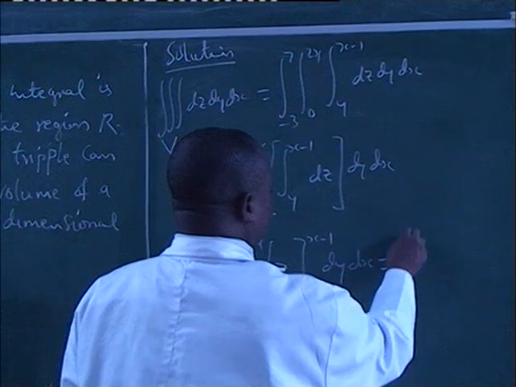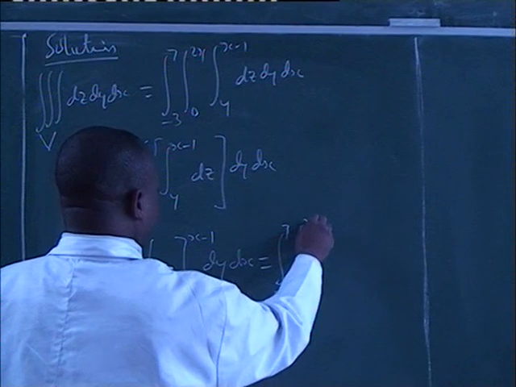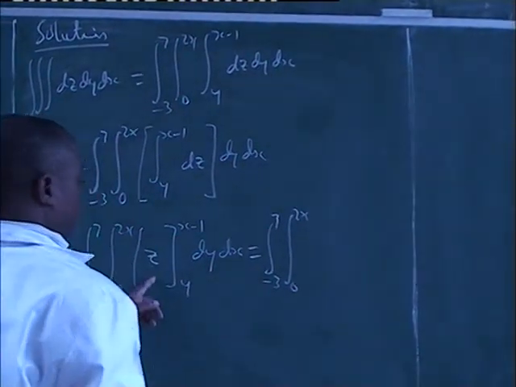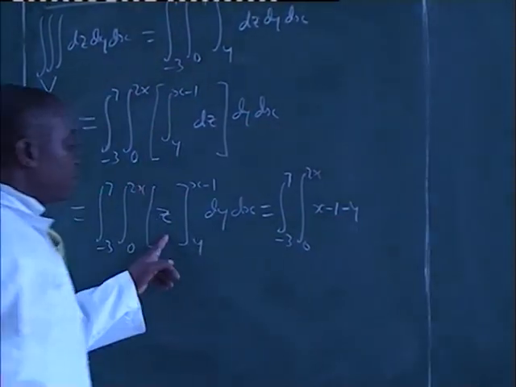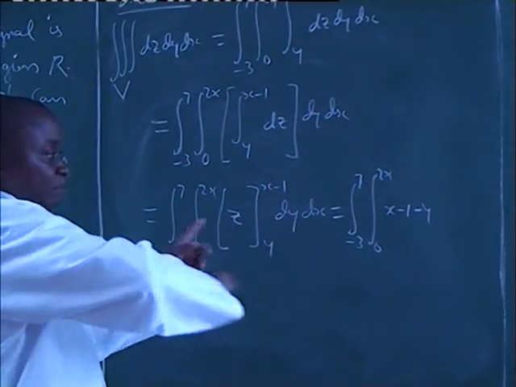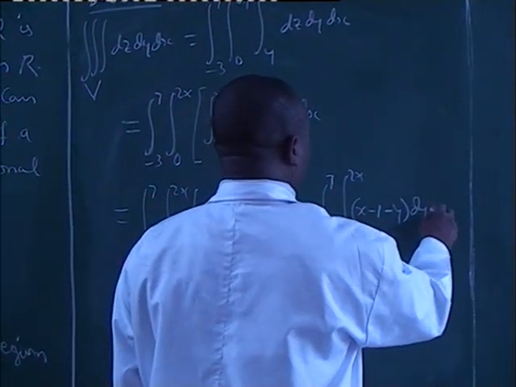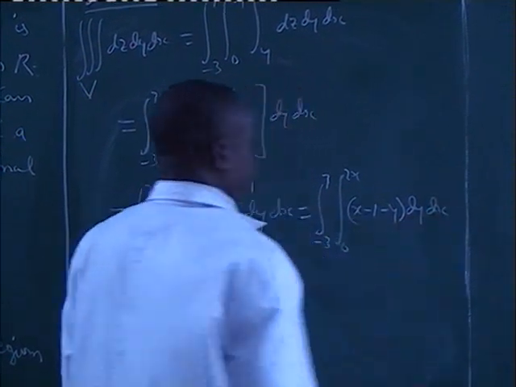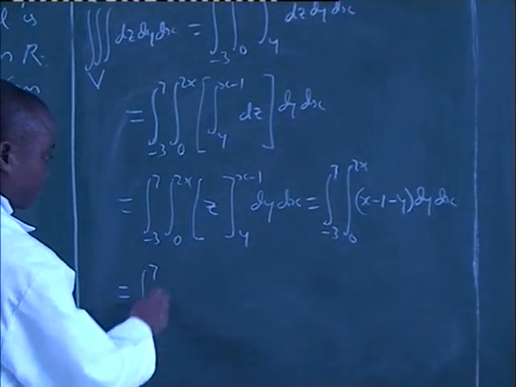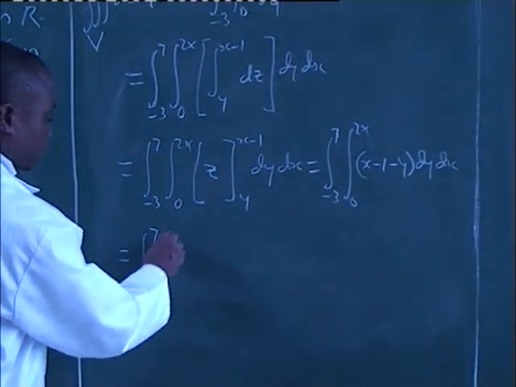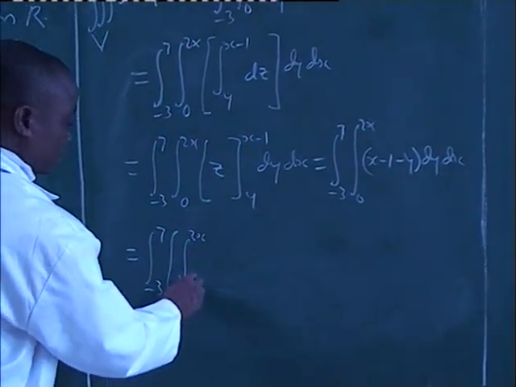Now if we do that, we have the integral from 7 to minus 3, then the integral from 2x to 0, then x minus 1 minus y, since x minus 1 is the upper limit minus y, and then dy and dx. So this is the same as 7 to minus 3, and then we integrate with respect to y.